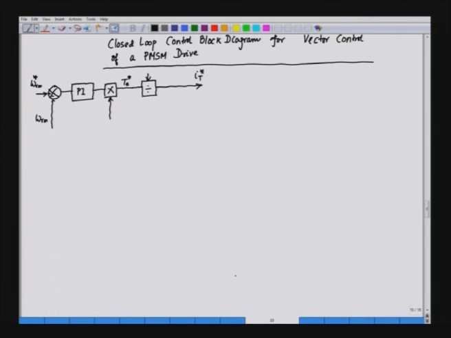Similarly, the flux component is obtained as follows. The flux component is obtained by a function generator.